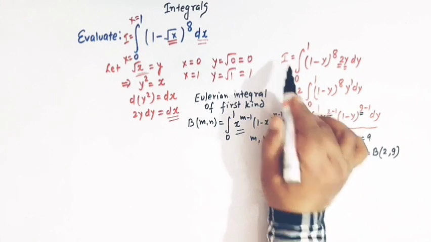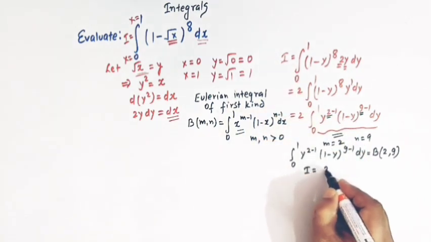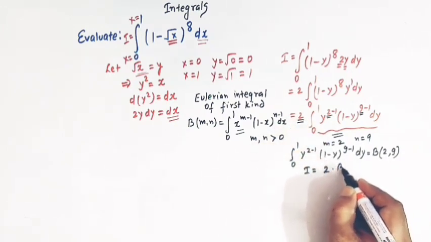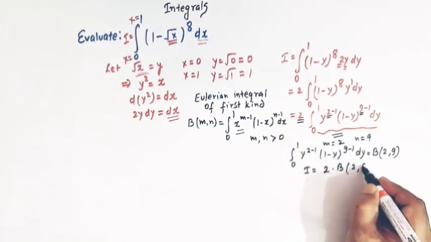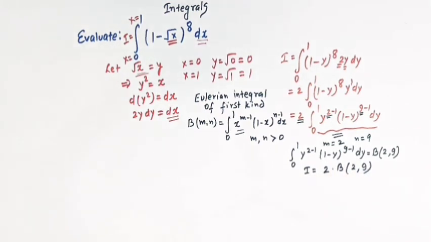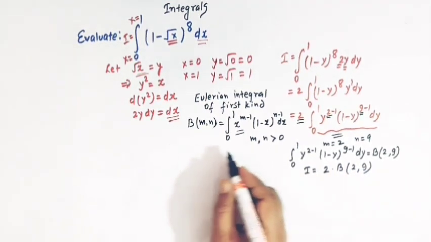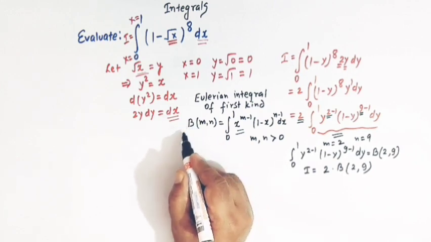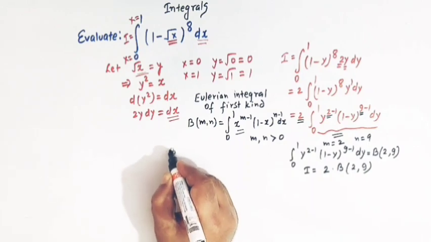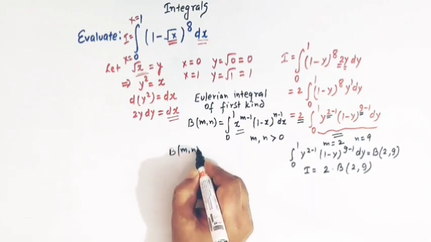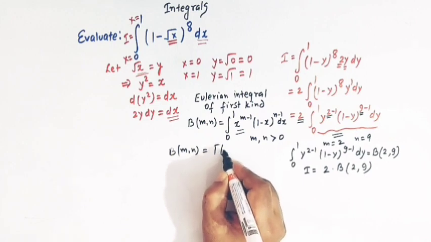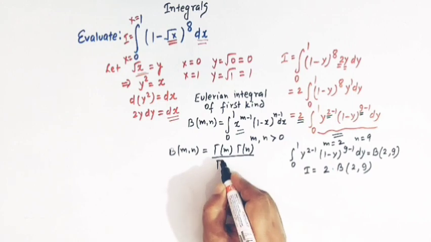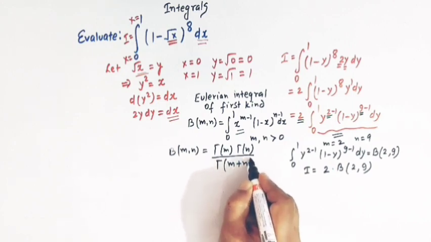So now this integral I can be written as 2 times, here we have 2 a factor, and then we have beta of 2 comma 9, right? So now we know an important relation between the beta function and the gamma function. Beta(m, n) is given by gamma of m, gamma of n, divided by gamma of m plus n, right?